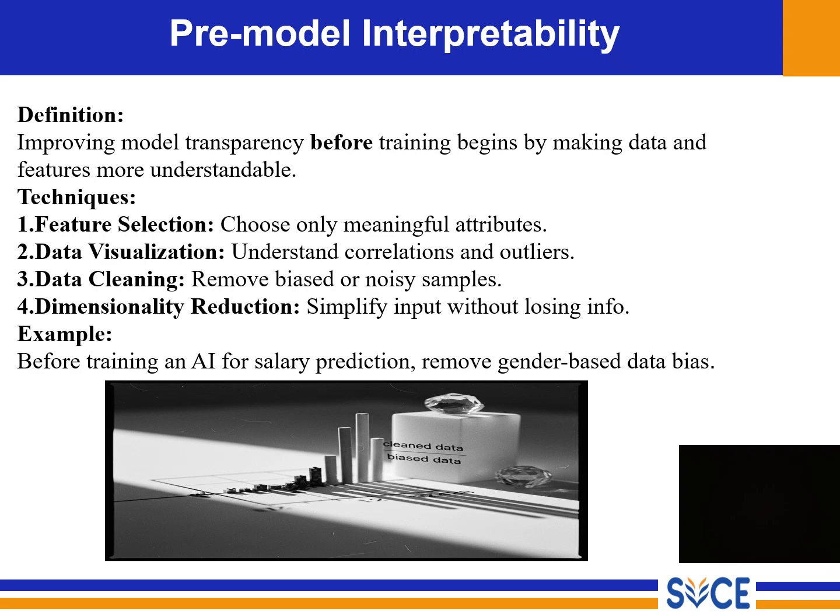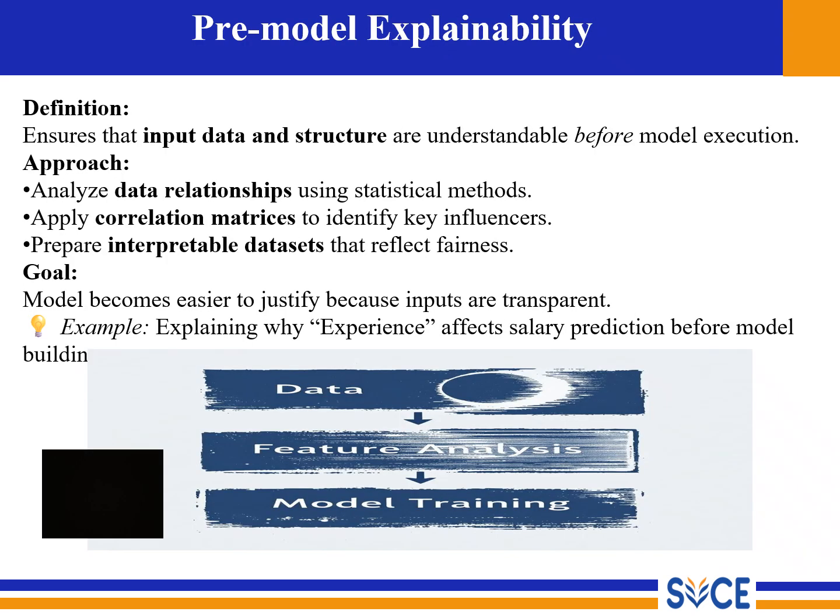The next one is pre-model explainability. Pre-model explainability means we make sure our data and structure are understandable before model execution. So we can use statistical analysis or correlation matrices to find the relationships. For example, let's say we are predicting exam performance.